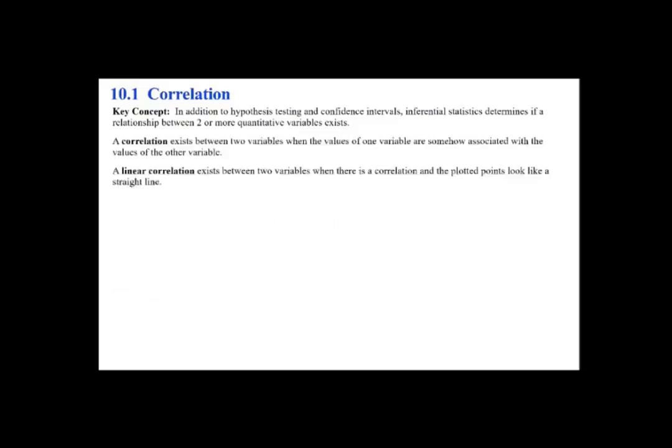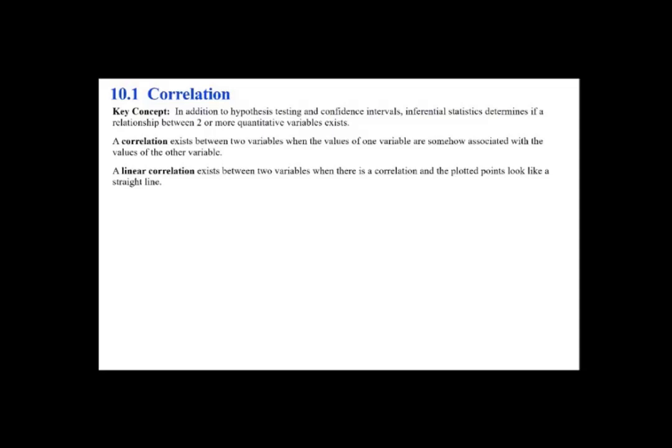The key concept is, in addition to hypothesis testing and confidence interval, inferential statistics determines if a relationship between two or more quantitative variables exists. A correlation exists between two variables when the values of one variable are somehow associated with the values of the other variable.